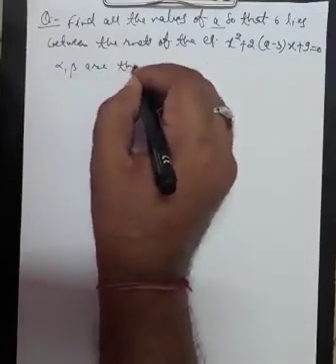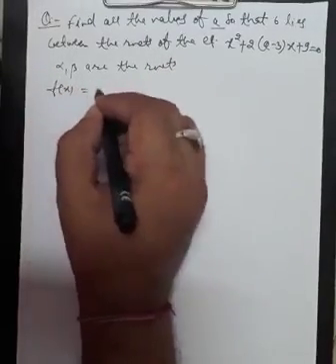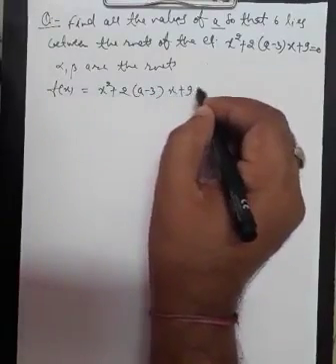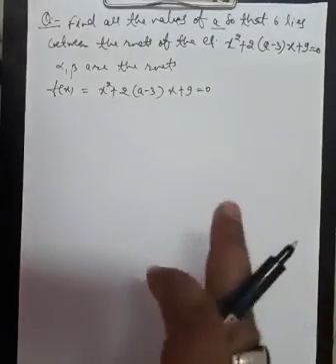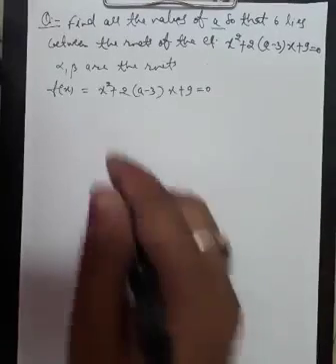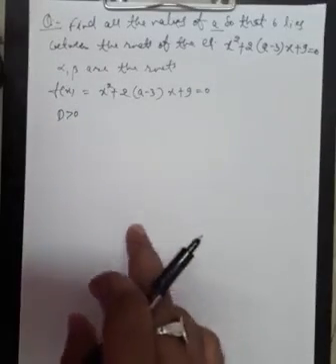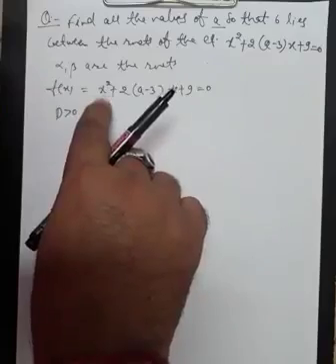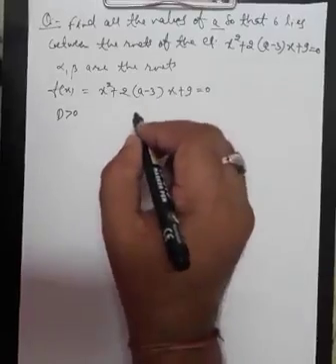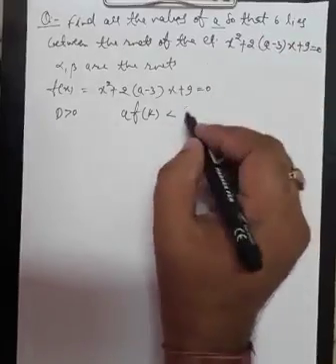We have earlier studied that fx equals x square plus 2(a minus 3)x plus 9 equals 0. Here there are two roots, then d greater than 0. Also here, compare with the expression ax square plus bx plus c, then a is positive, hence afk should be less than 0.